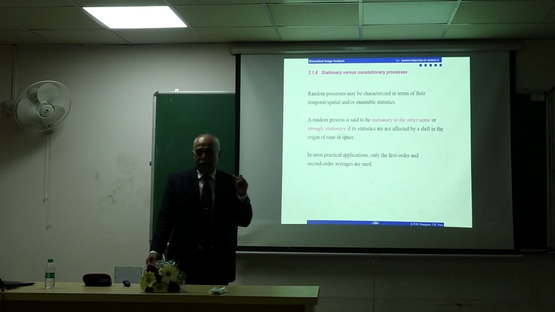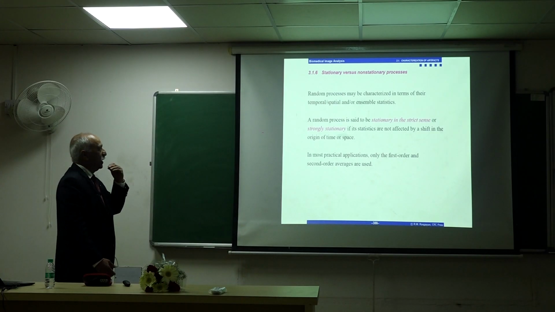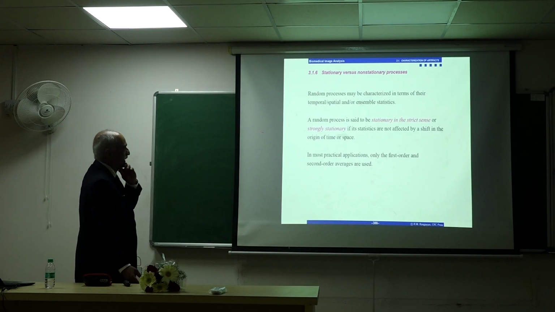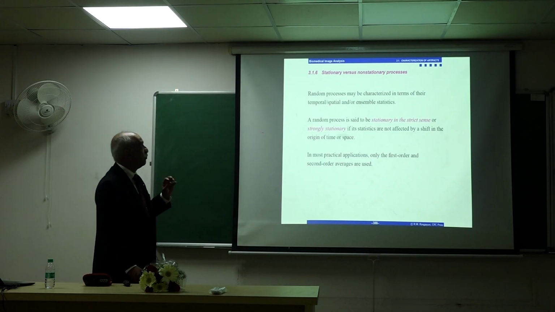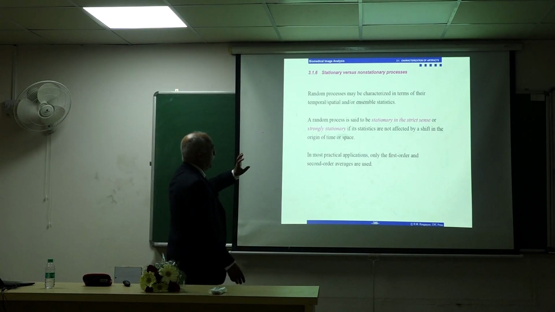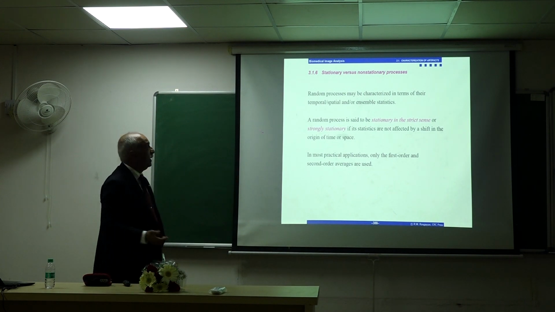To characterize artifacts, we have a couple of methods and techniques. You characterize them as stationary or non-stationary to begin with. Random processes may be characterized in terms of all of these statistics we saw: temporal, spatial, ensemble.